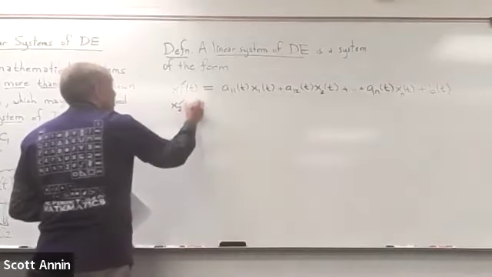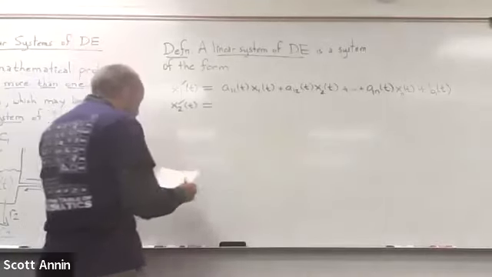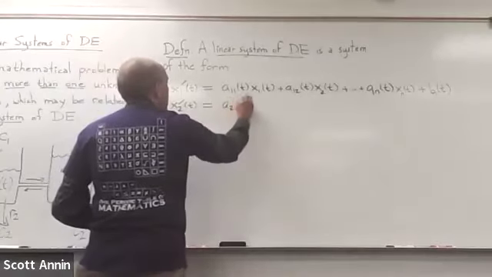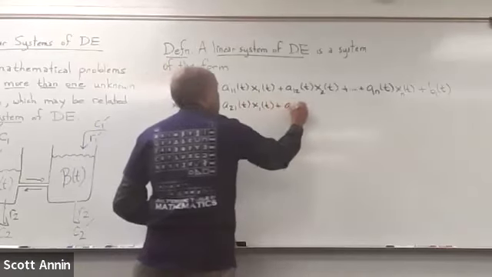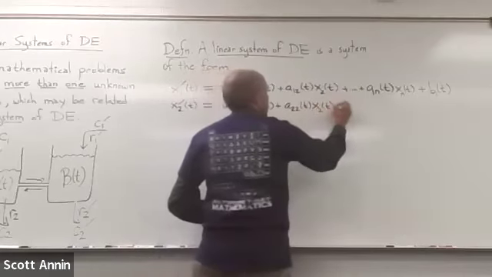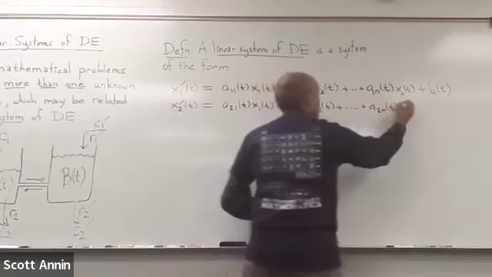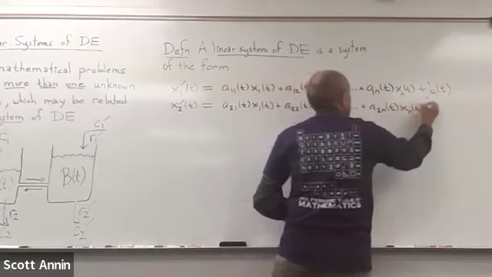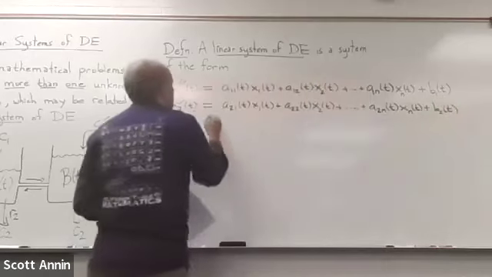The second one might be x2 prime of t, the derivative of x2 of t. And this might look like a21 of t times x1 of t plus a22 of t times x2 of t, and dot, dot, dot, we keep going, a2n of t, xn of t, and then plus b2 of t, right?